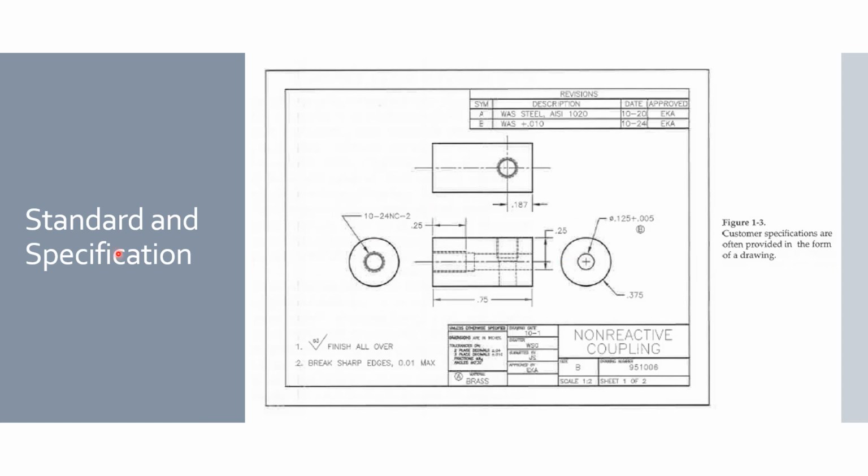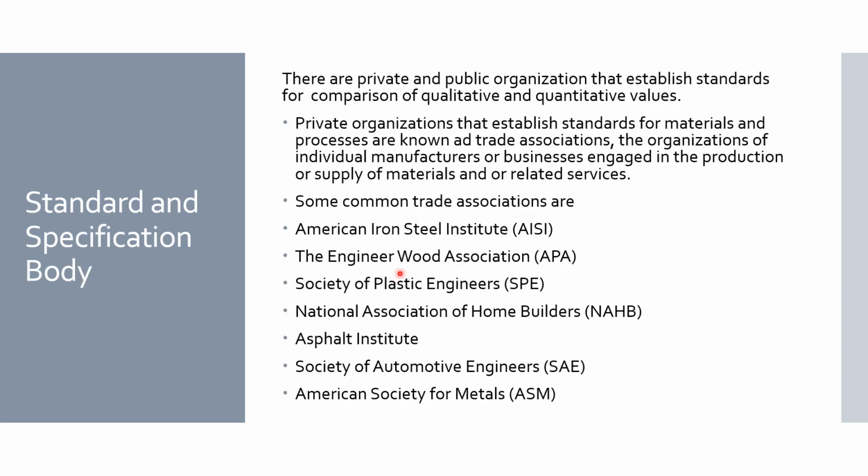We use standards and specifications in product development. The details are usually done by the product engineers, the design engineers. They draw this for you, and you are on the shop floor. You only have to know how to read them.